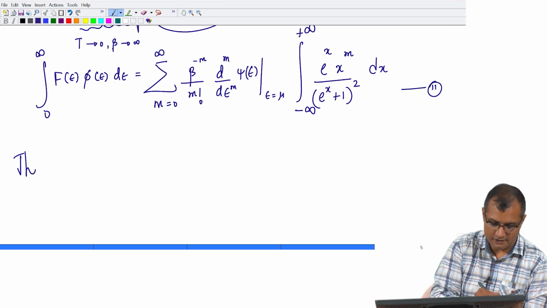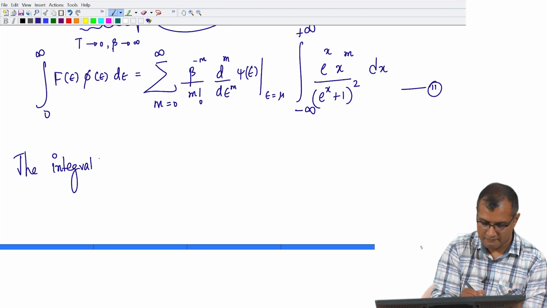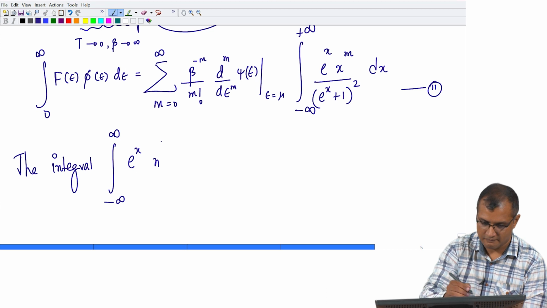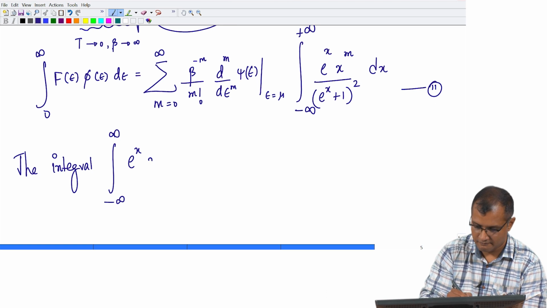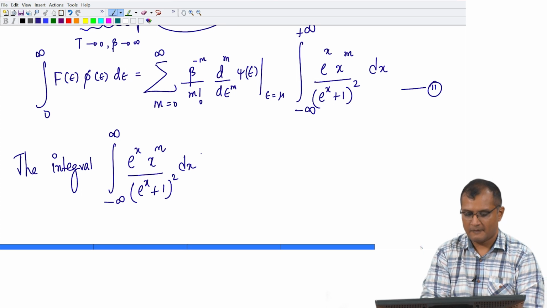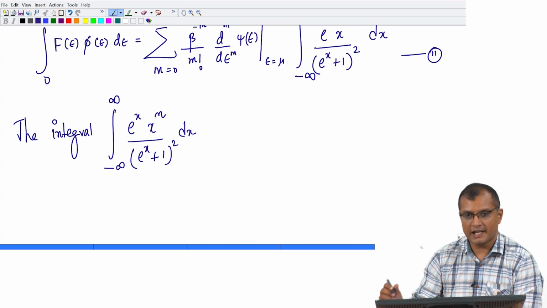So, this integral from minus infinity to plus infinity can be solved for certain types of m.